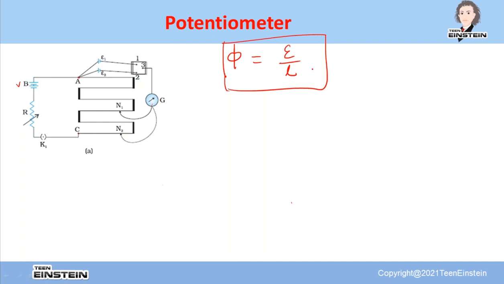That means if you know the length where the null condition is achieved, you multiply it by the potential drop per unit length and you get the potential drop across that. Understood? Or you can find the EMF. You just multiply with 5 to get the EMF of the cell. So from here also you can find out EMF, meaning voltage.